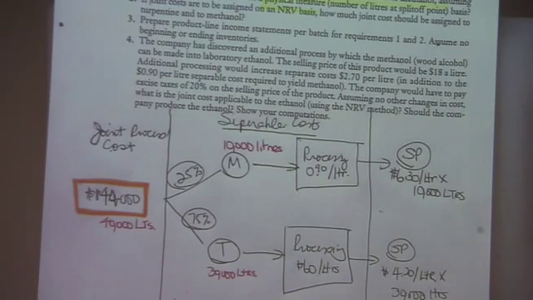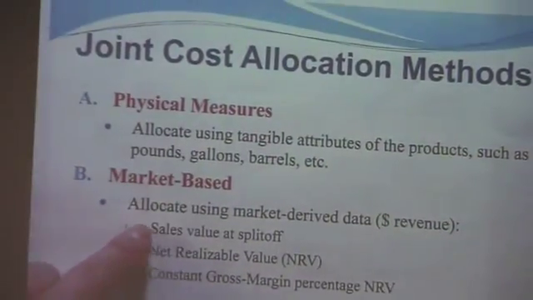But we're going to actually take a look at another question in another video that perhaps will highlight the difference between these 2, the sales value, split-off point, and the net realizable value. Now, in terms of the question, why don't we start answering the question, and then maybe we can talk about the theory a little bit as well.